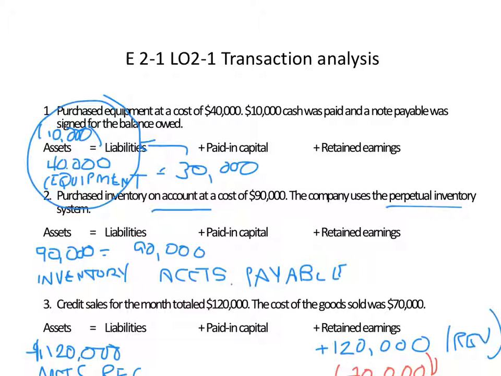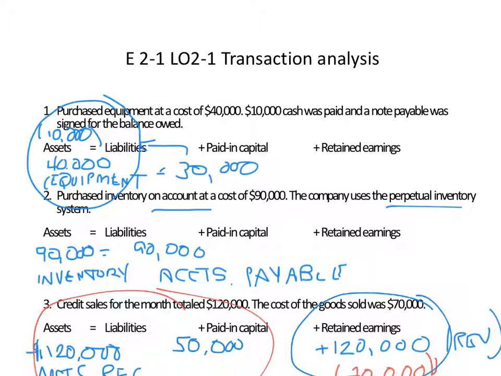What we can see, based on how this transaction worked, is that our net increase in assets is $50,000, and our net increase in retained earnings is $50,000.